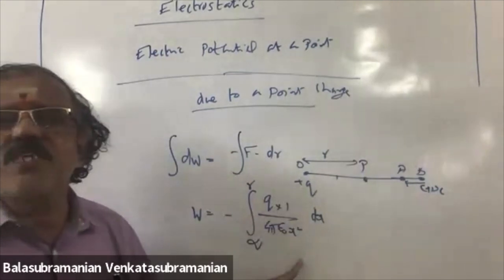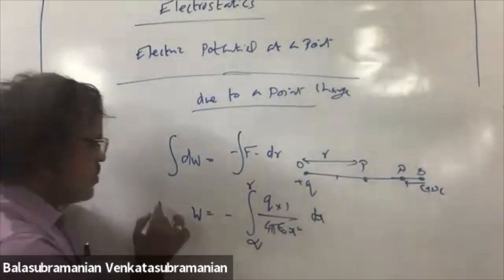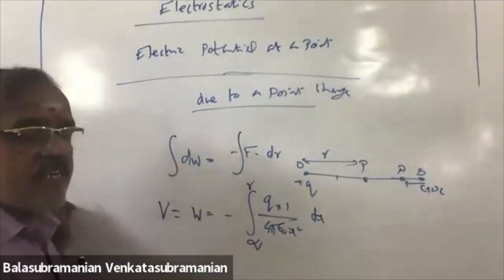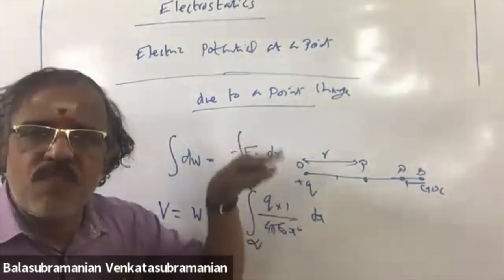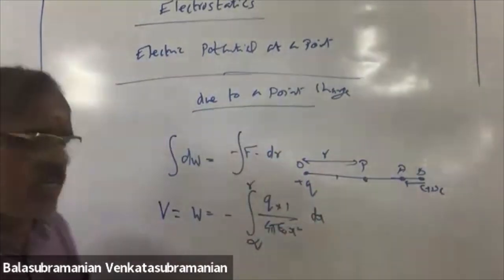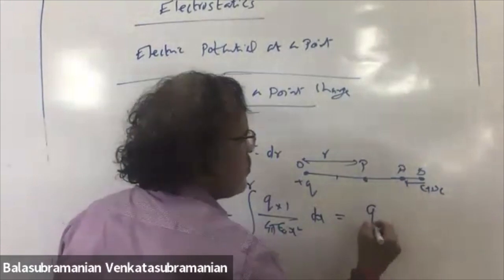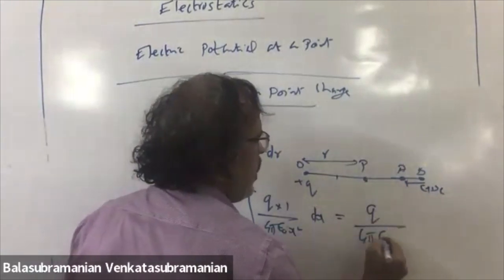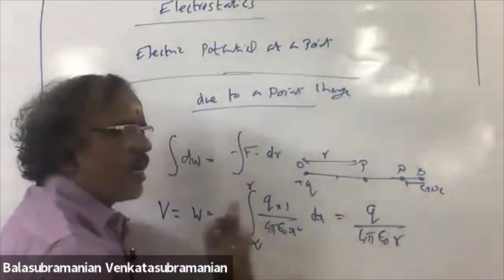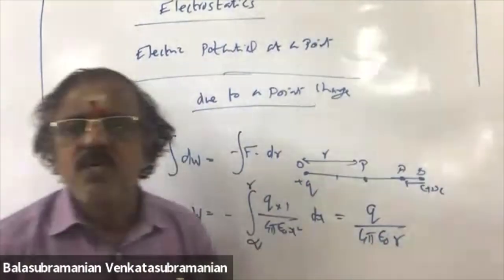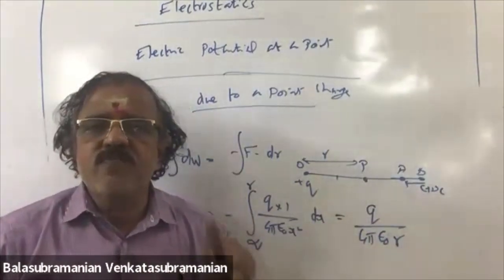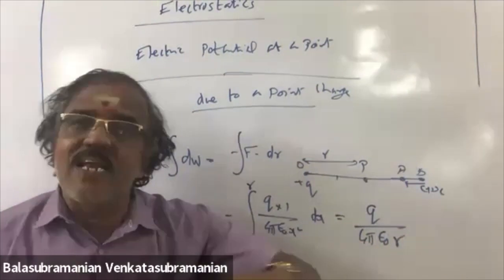Q by 4 pi epsilon naught, take it out. This is nothing but electric potential, work done in moving a charge. That is called electric potential. Rearrange, your answer will be Q by 4 pi epsilon naught R. Q by 4 pi epsilon naught R square means electric field.